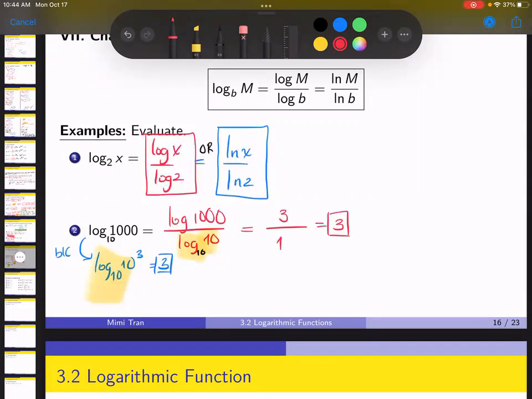Now, why do I need this? Because most of your calculators have any log, any base you want, right? You want base 5, base 9, base pi. Now, my calculator is the old one. It only has log base 10 and log base e. So it's helpful for me if I want to get a numerical approximation.